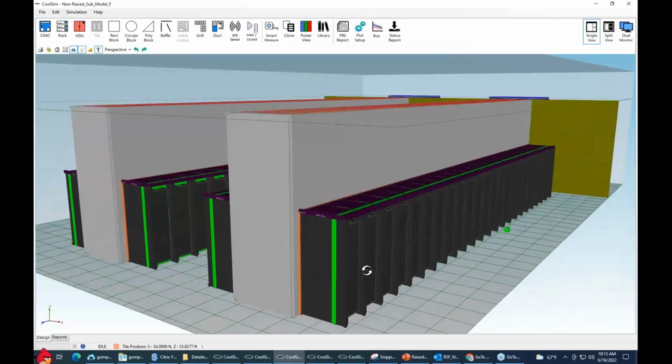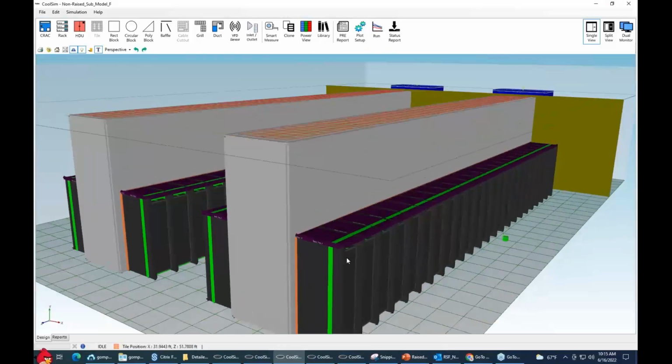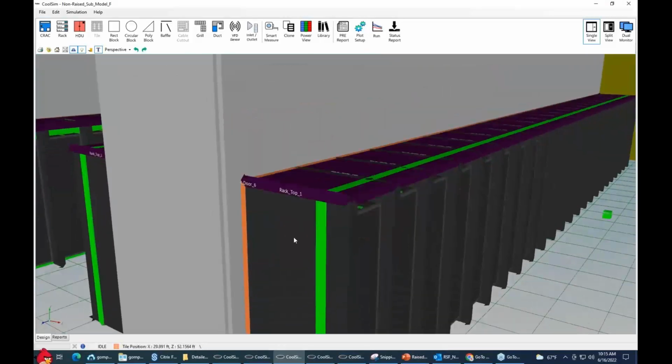So again, let me just show you how this is done, because it's a very effective way to model. And you see here that this plane right here is coplanar to this one. They are the same, in the same direction in X, exactly coplanar. But because I placed this one after this one, the orange one has precedence of parameter. And this is a Fluent construct. I didn't do it this way.